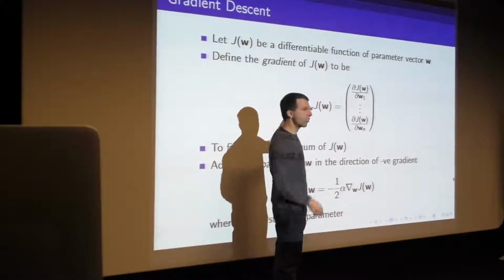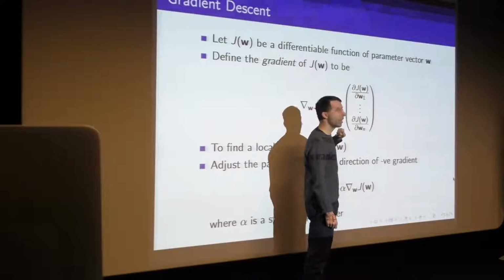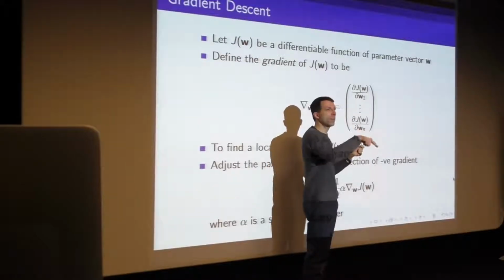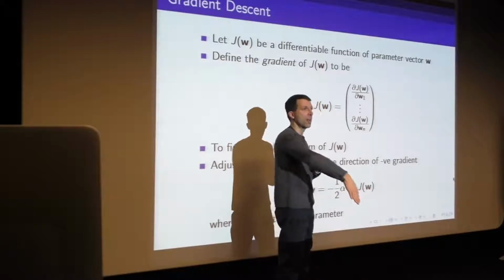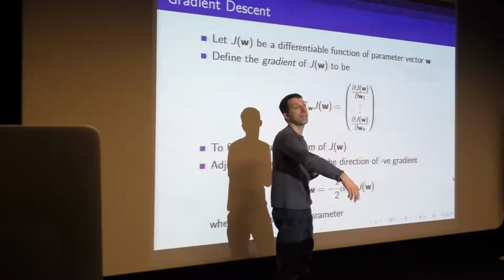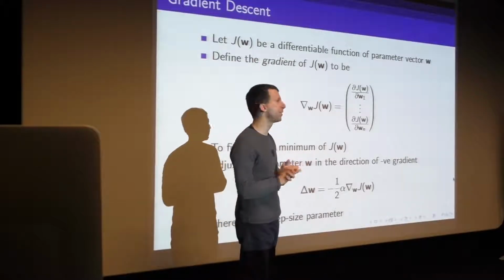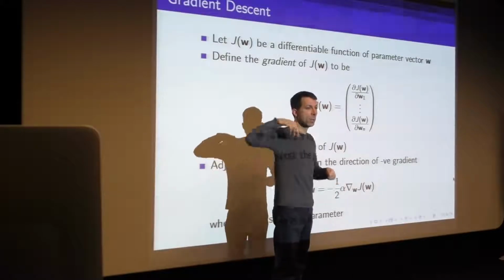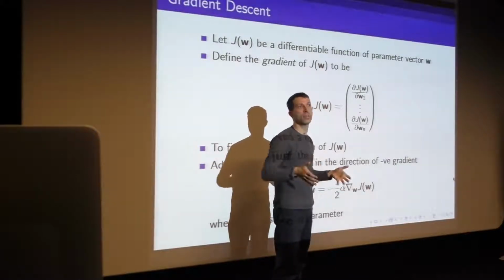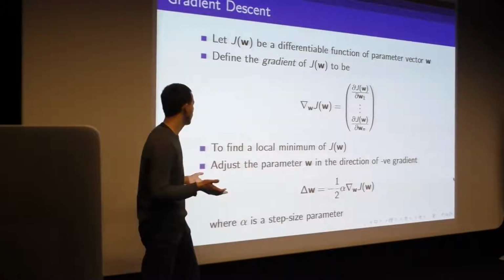The gradient vector is the vector of partial derivatives with respect to each of our parameters in turn. So this vector basically tells us the direction of steepest descent or steepest ascent. And we're going to follow this downhill. So this thing tells us, if I'm on some surface, which way is it to go down? And I want to follow that down my surface in the steepest possible way.